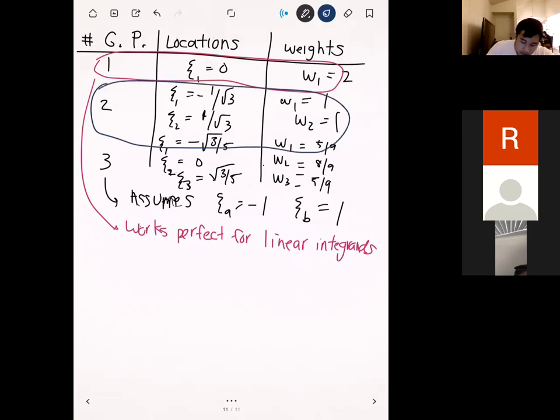The next one that's often used is 2 Gauss points, and this works perfectly for quadratic integrands.